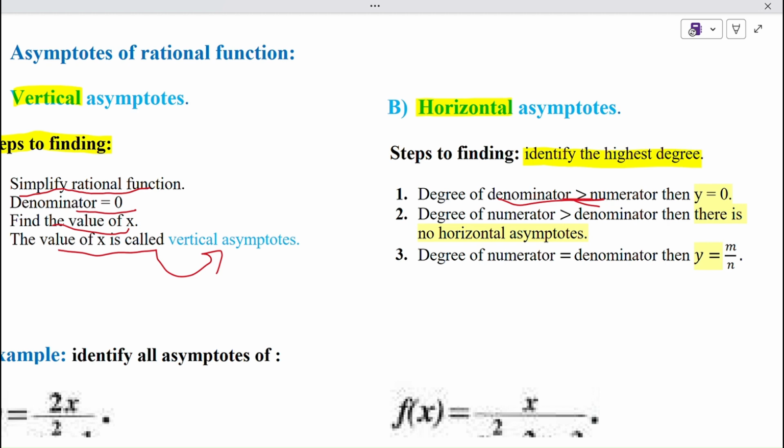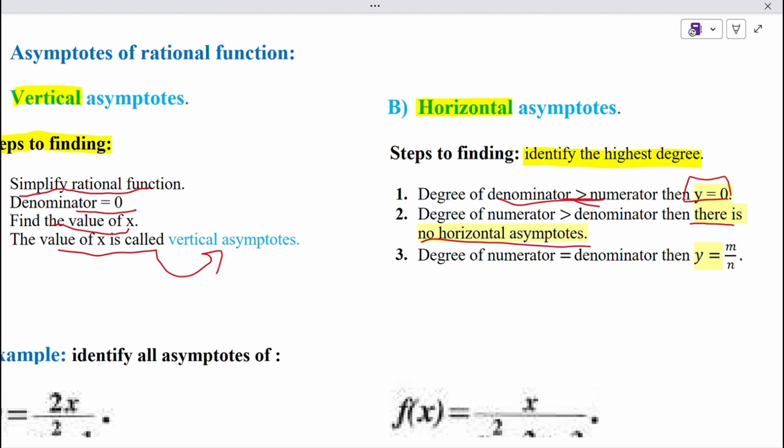What if the highest degree of the numerator is greater than the denominator? In this case, there is no horizontal asymptote. If we have equal degrees, it means the highest degree of numerator is equal to the highest degree of denominator, y is equal to m over n.